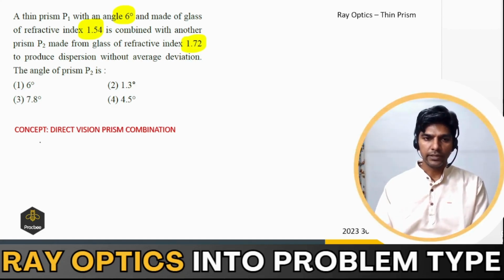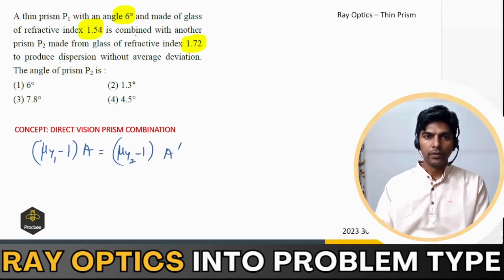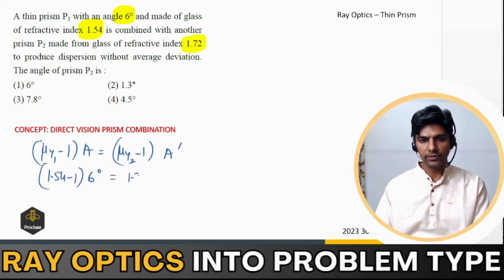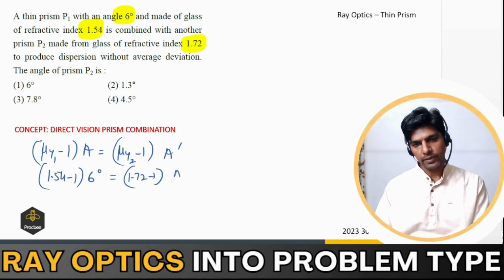So we can say mu y1 minus 1 times A should be equal to mu y2 minus 1 times A prime. So 6 degrees is A, and mu y1 is 1.54. So 1.54 minus 1 times 6 degrees is equal to 1.72 minus 1 times A prime.